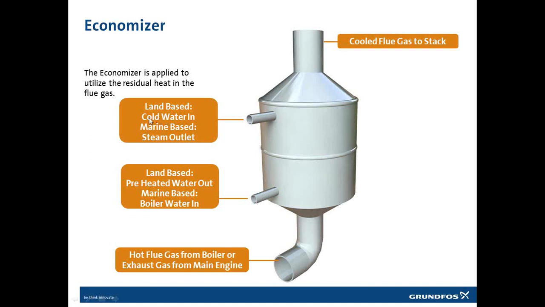If it's land-based, then we have the cold water in the top. If it's marine-based, then we have a steam outlet. Why it's done like this, we can see later when we see how they are installed. On the land-based, here we have a preheated water out, and on the marine-based, we have boiler water in.